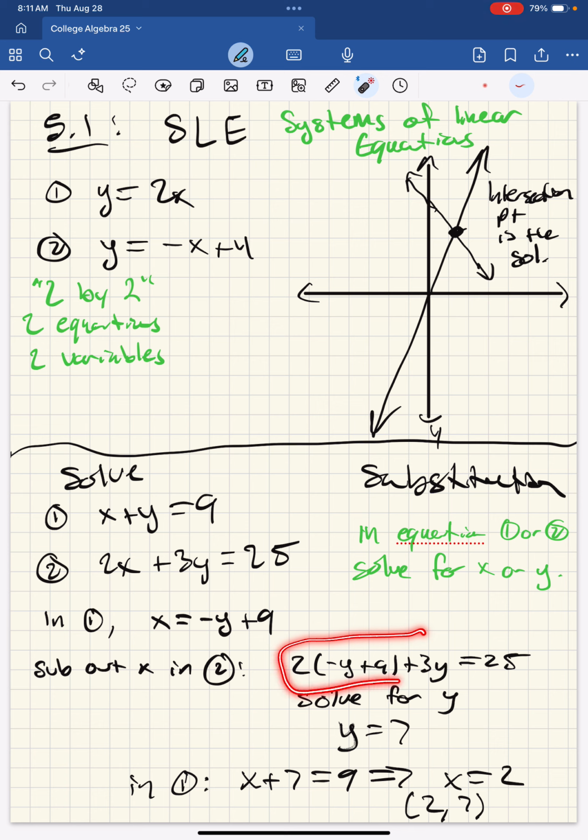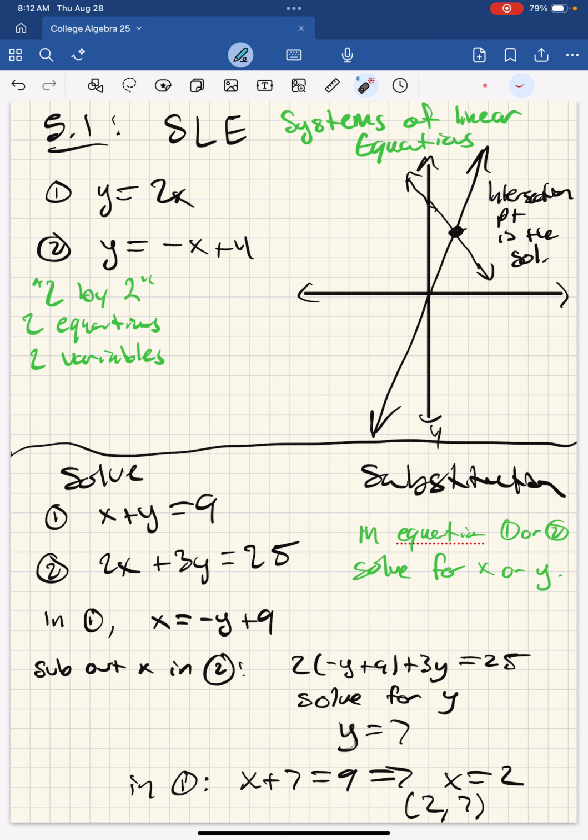So now we've got a single equation with a single variable. Solve as you always have. And for the sake of space at the bottom of the page, I skipped the simplification steps and we get y equals 7. Now remember that both lines have the same x and y for an intersection point. So this y value will result in the same x value if you plug it into equation 1 or equation 2.